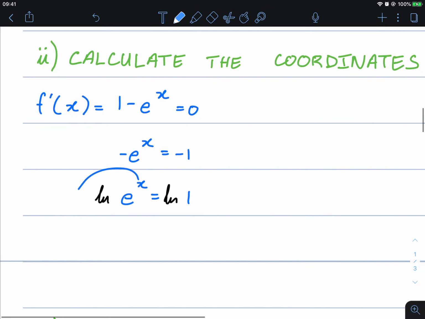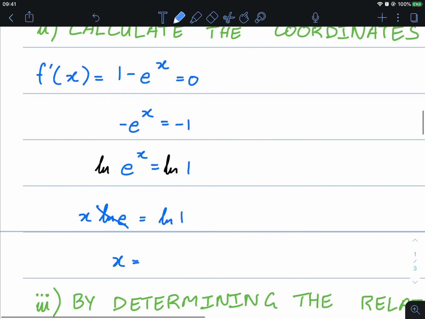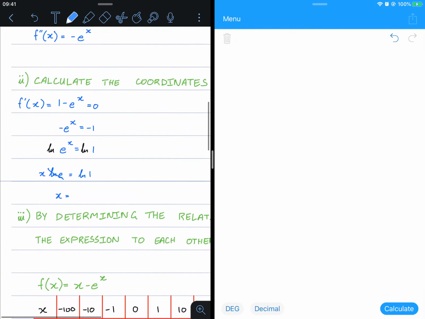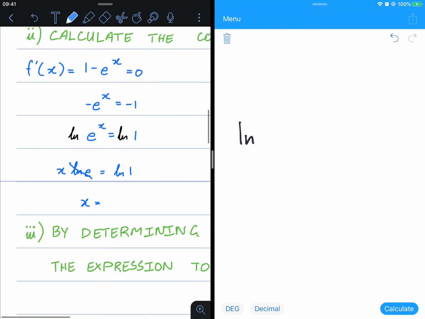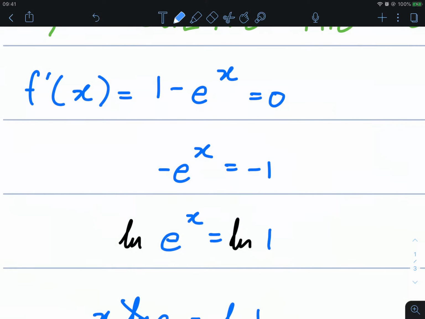The x becomes a coefficient, so x ln of e equals ln of 1. That cancels, leaving us with x equal to ln of 1. If you type it into your calculator, ln of 1 is 0. So that is the x value.